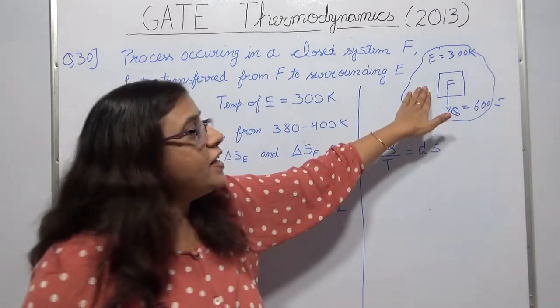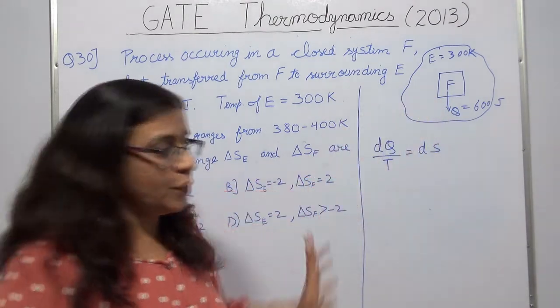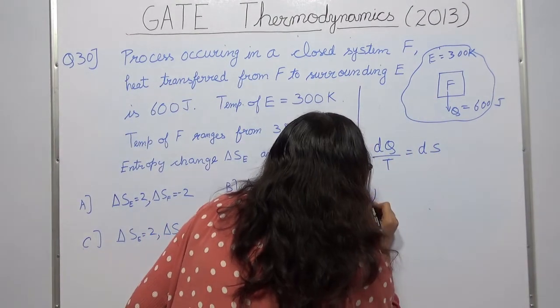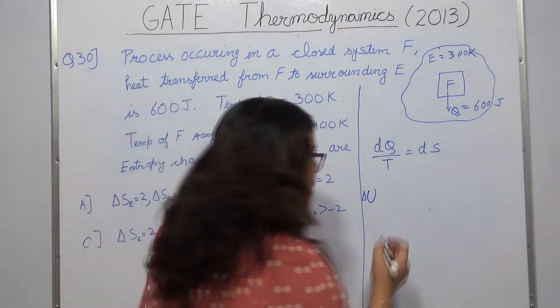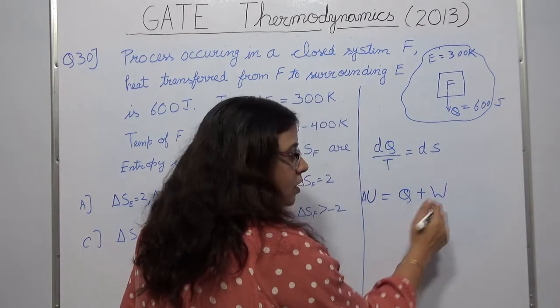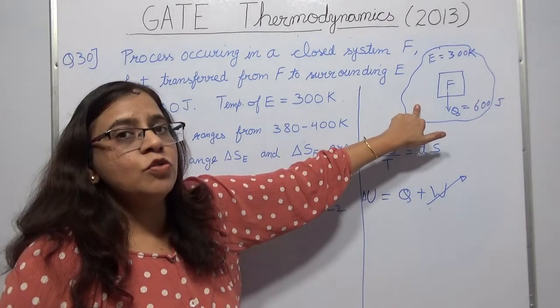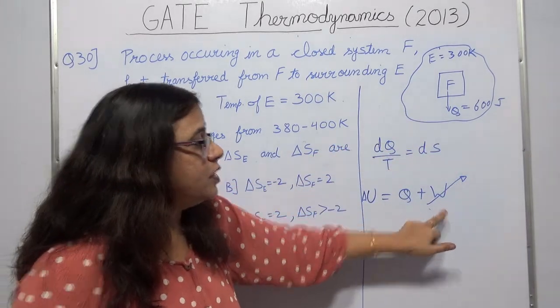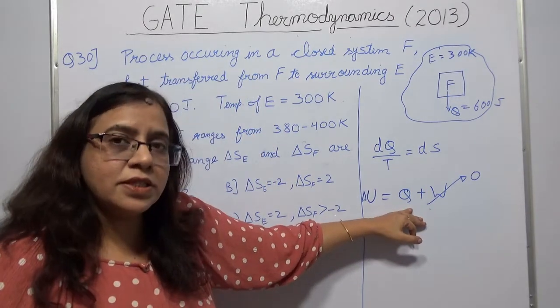Okay, if I write down my first law for the surrounding only, then how? I can write that delta U, that is the change in the internal energy, is equal to Q plus W. But since there is no work being done on the reservoir or by the reservoir, this term is equal to 0. It is only exchanging heat with the system.